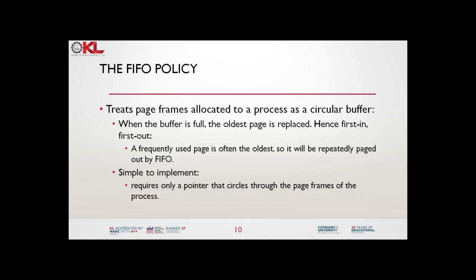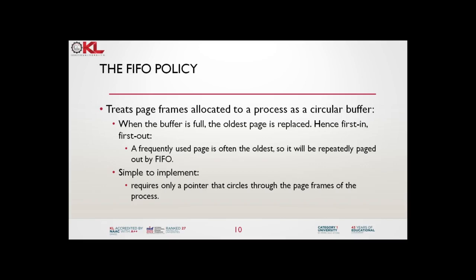So let us start from the FIFO policy. This is the first algorithm that we are using in page replacement. The FIFO policy is like this: treat page frames allocated to a process as a circular buffer. When the buffer is full, the oldest page is going to be replaced first. Hence, first in, first out.